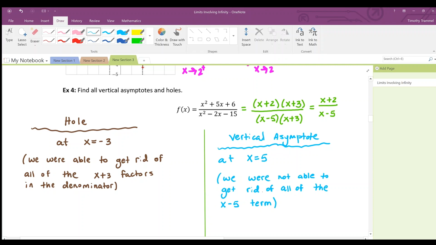And this one here, we will find the behavior around this vertical asymptote in a second.